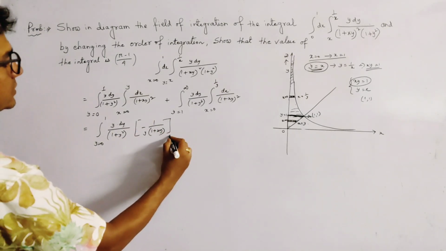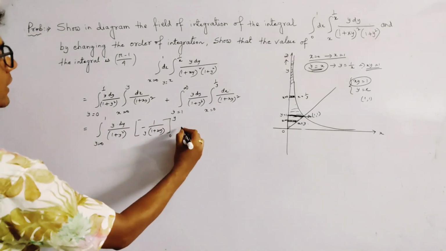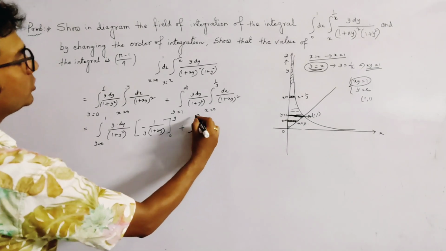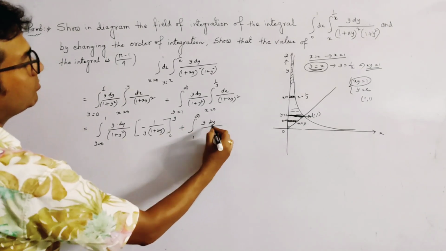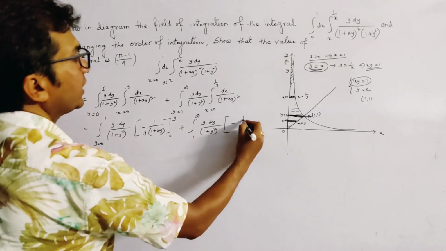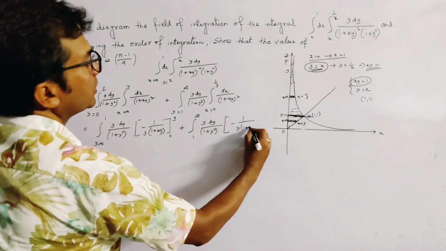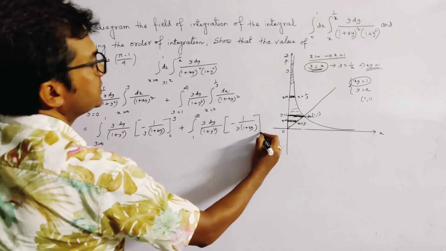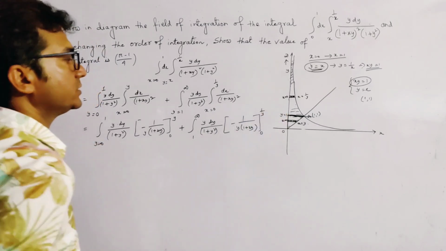The range is 0 to y, plus integration 1 to infinity y dy by 1 plus y square, and similarly we get minus 1 by y into 1 plus xy, and the range is 0 to 1 by y.